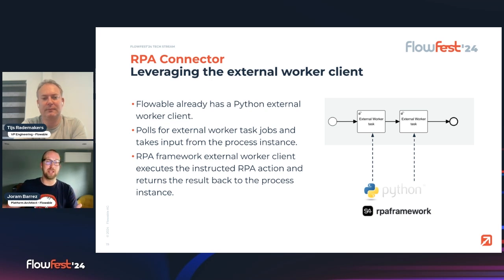Flowable is really not doing anything until that external worker executes the logic on whatever it's running. This can be any kind of language, of course, Java, Python, JavaScript, or whatever. And when it goes back to Flowable saying, hey, I'm done, here's my data, you can continue, Flowable will continue. Basically, external workers work by pulling work or jobs from a topic. It works kind of like a message queuing idea.